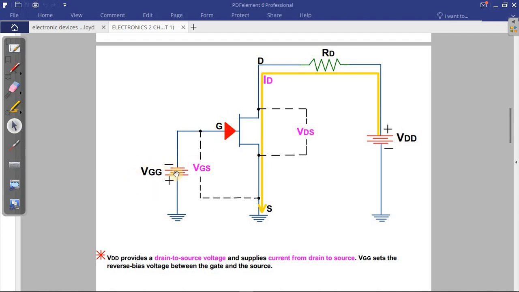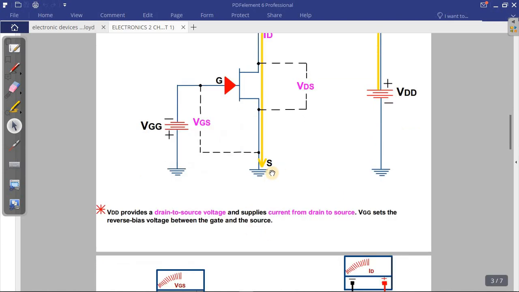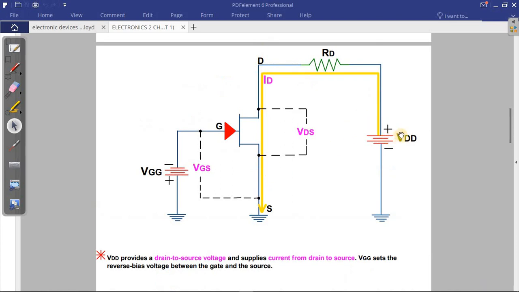Negative voltage here and positive on this side, I already know it's an N channel. So remember, when you have VDD, we have current ID flowing from the drain to the source, and VGG sets the reverse bias voltage between the gate and the source, which is VGS.